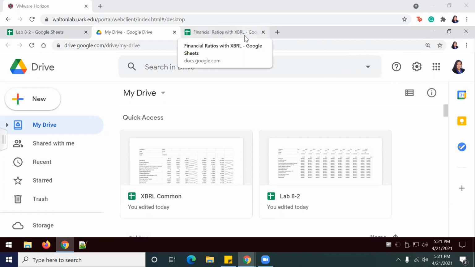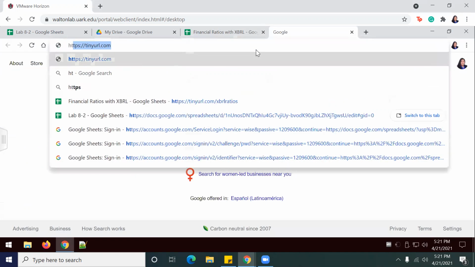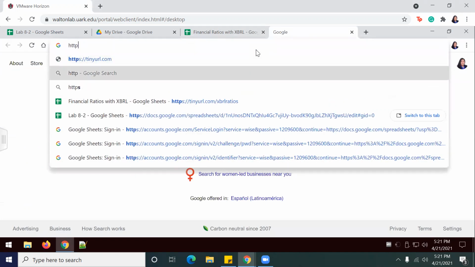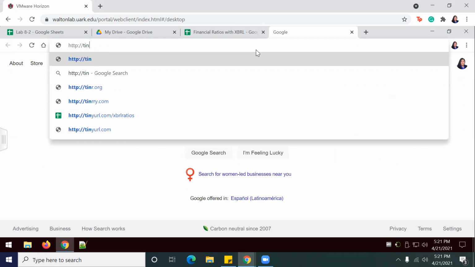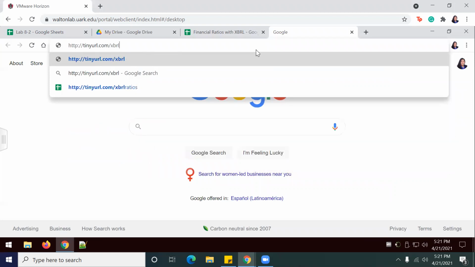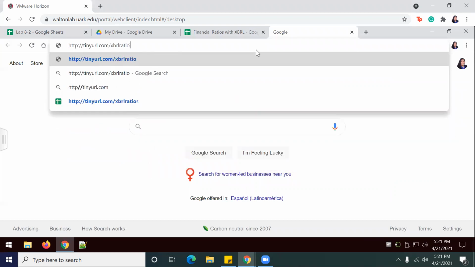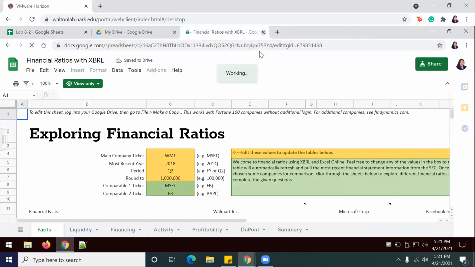And in another tab, I've opened another HTTP, and I'm going to type it in just so that you can see. http://10euro.com/XBRL ratios. Should pull up the same thing I have. Yep, same document. I'm going to close this file.